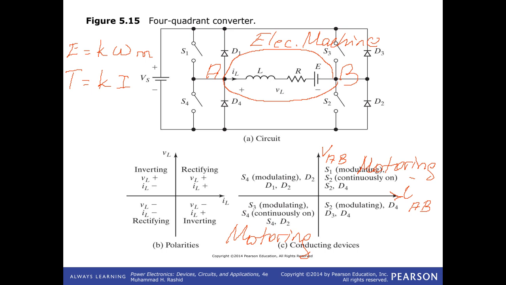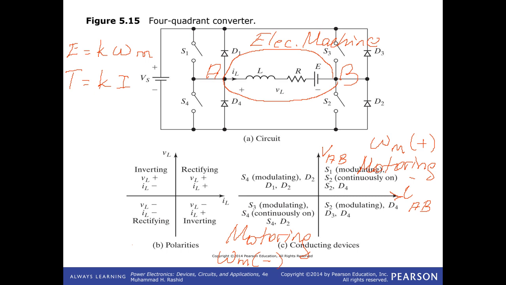So for positive motoring, omega mechanical is positive. Here omega mechanical is negative. So speed is negative. But torque is negative too.